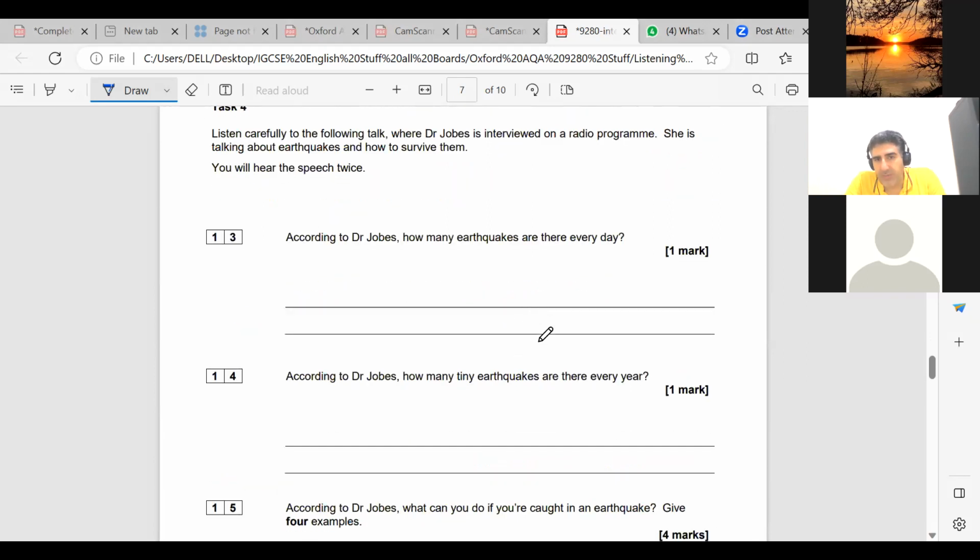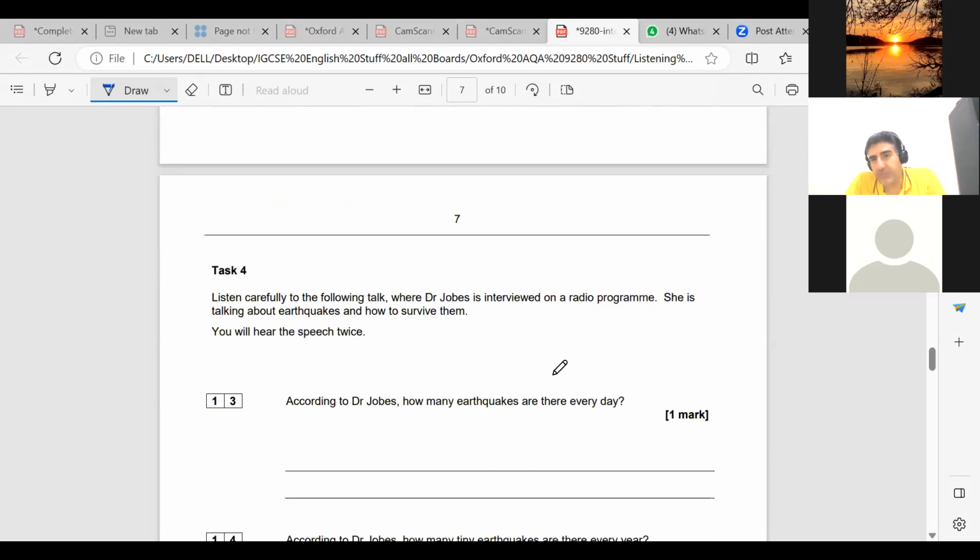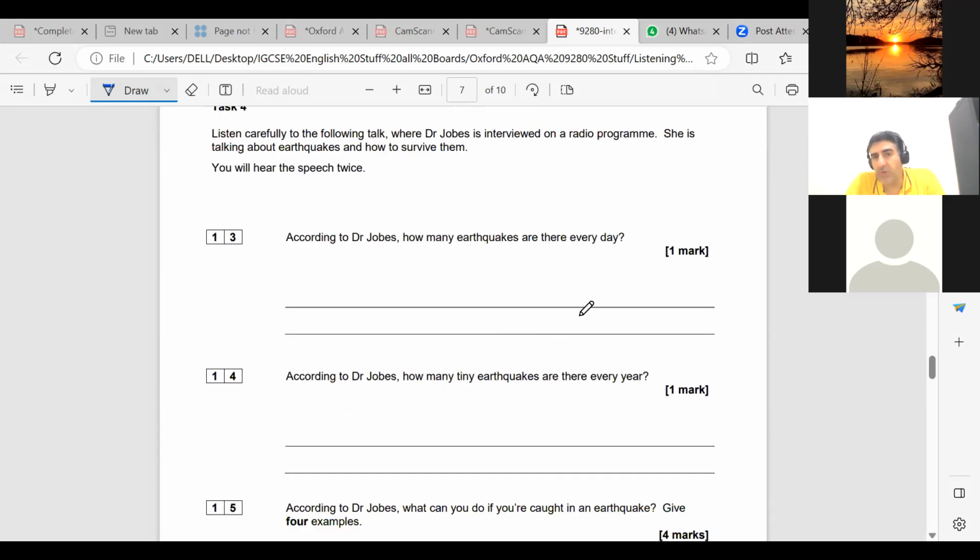Now part 4, shabab, again open questions. Part 4 is a dialogue, not a monologue, 2 people talking together. And here you have open or written questions. Like what? According to Dr. Jobs, how many earthquakes are there every day? You should read and define the keywords before you listen. Here, how many earthquakes?